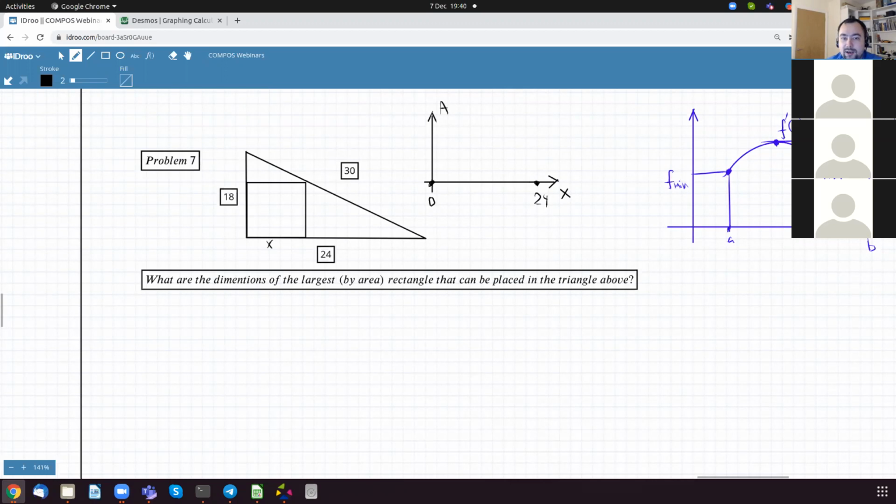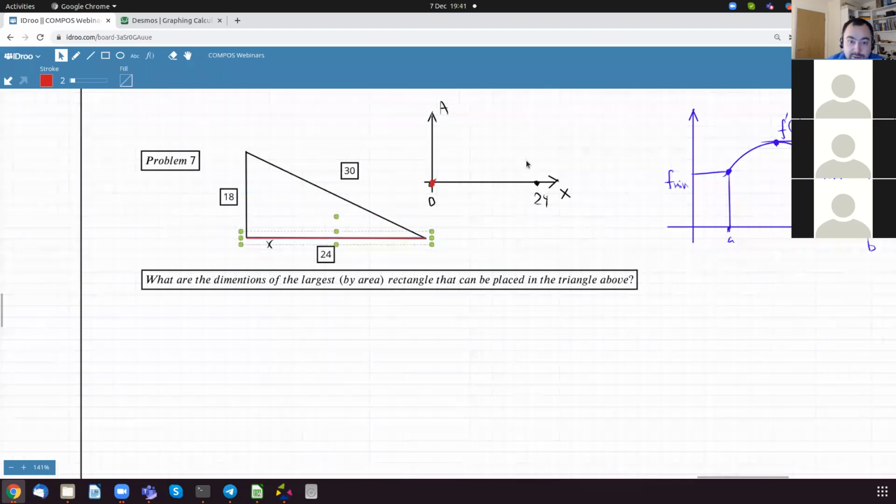What is the area of the rectangle if x is 0? 0, of course, because the rectangle would look like this. Okay, I'm just going to make it red. The rectangle is going to be like this, so the area is going to be 0. And when x is 24, what is the area of the rectangle? 0 as well.